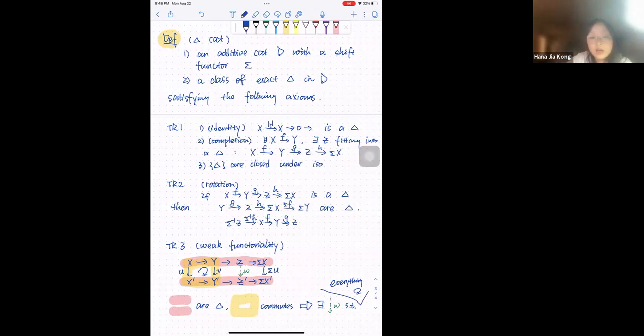Right, and this axiom only says that such a map exists, and it doesn't say anything about the uniqueness, and that's why it's called weak functoriality. I will come back to this axiom later.